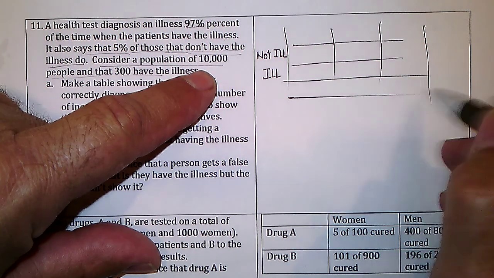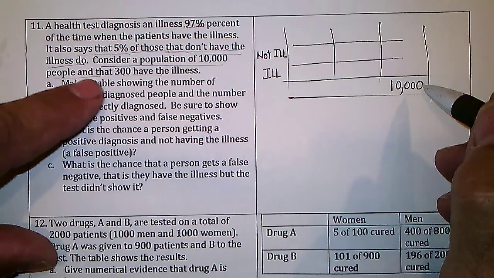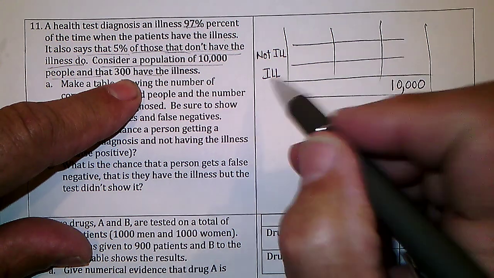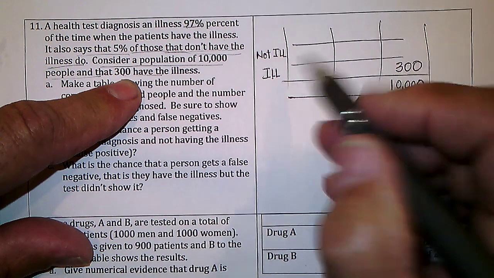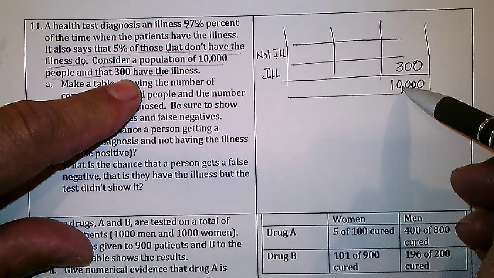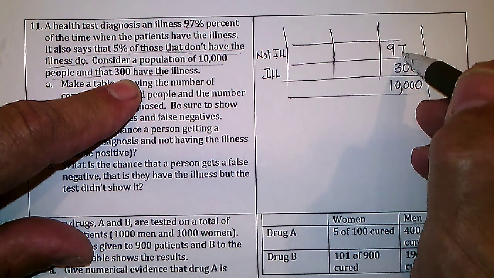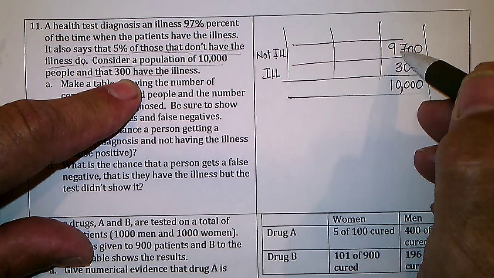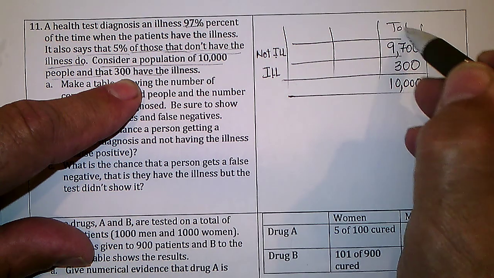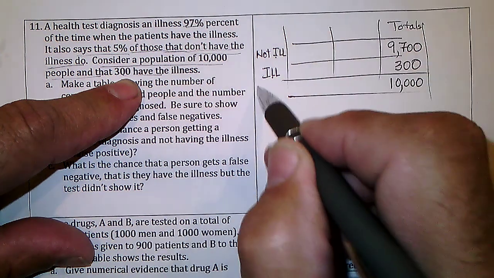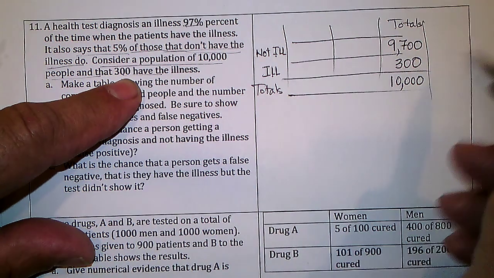The total number of people is 10,000. 300 have the illness. So how many do not have the illness? Well, 300 from 10,000 is 9,700. That clear? Okay.